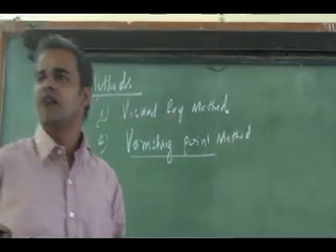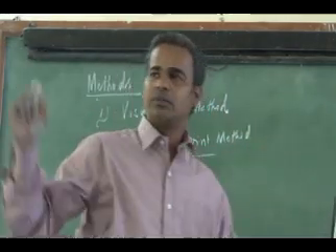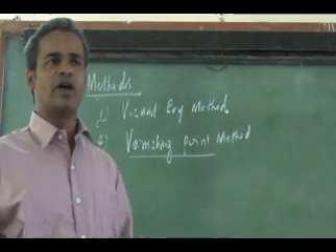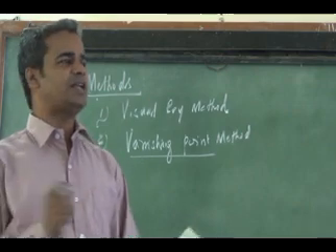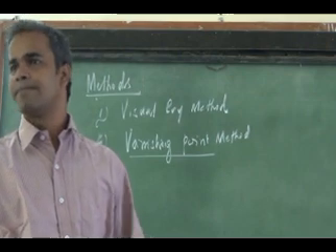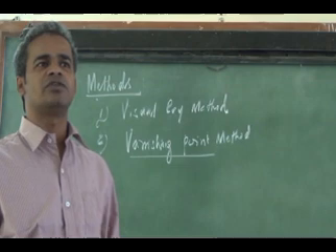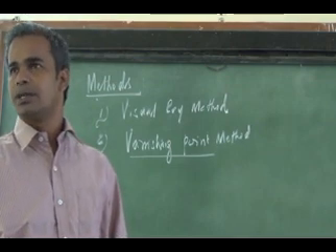Okay, that point is called the vanishing point. Make a note. Vanishing point: it is a point at which the image of the object vanishes.